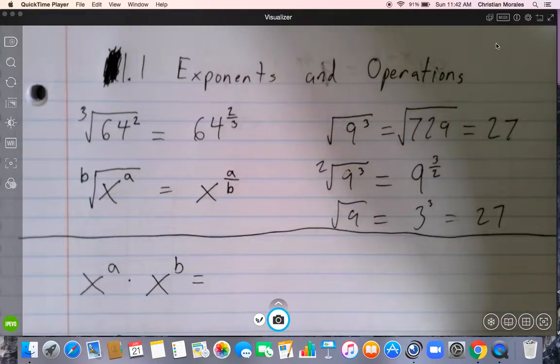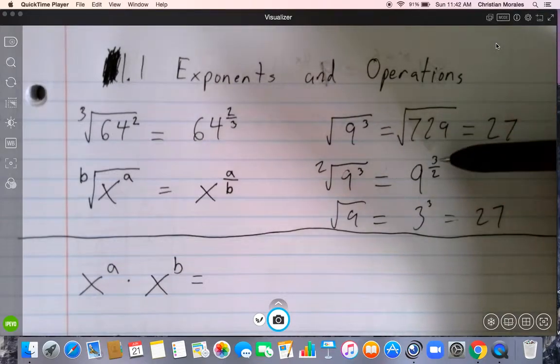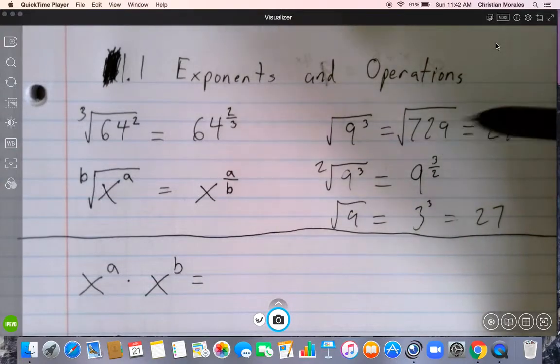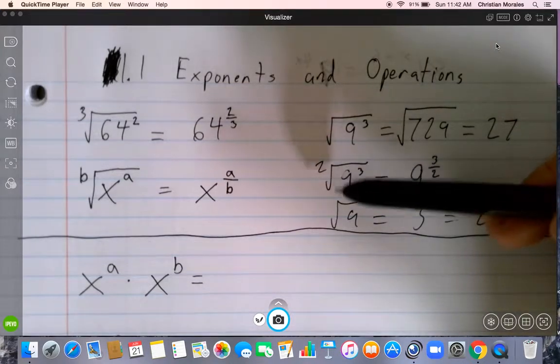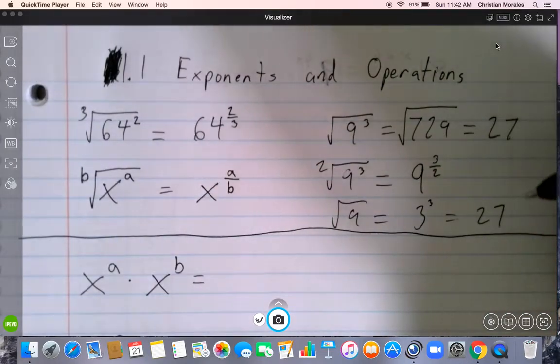So there's two ways to go about it. You can do the numerator first, or you can take the square root first. It's totally up to you. You will end up with the same answer. If you're using a calculator, you can just do this. Pretty straightforward. But if you want to take the square root first, you can do that as well. Okay? All right. Next.